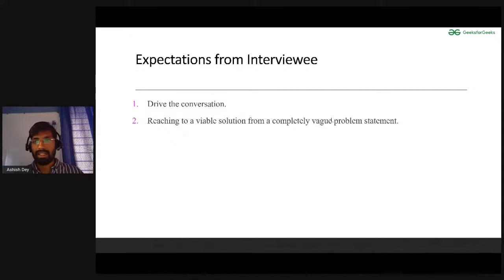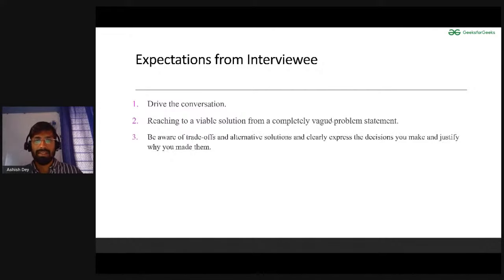Okay, this is how my solution works for two users. Now let's scale it up. You start small, slowly keep adding users and whatever is required as part of scalability, and you reach a viable solution. That is the expectation from the interviewee.